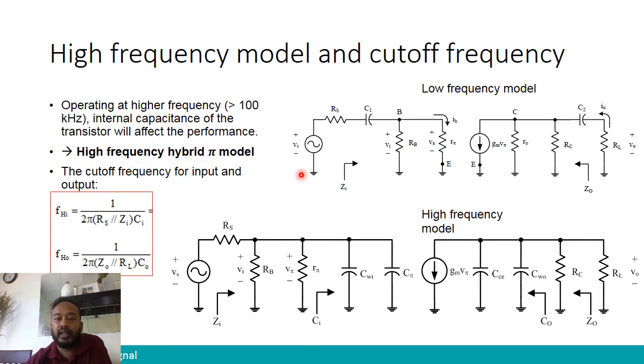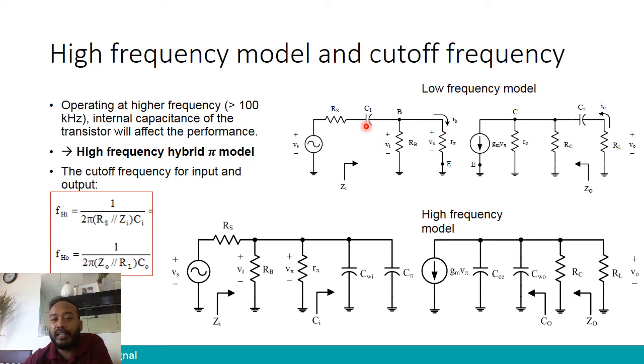So in the high frequency model, if we look at the low frequency model first, as we have just now, here of course in the model we still have the coupling capacitors C1 and C2. Probably it is not mentioned, but for AC analysis we can eliminate the capacitors and simplify it.